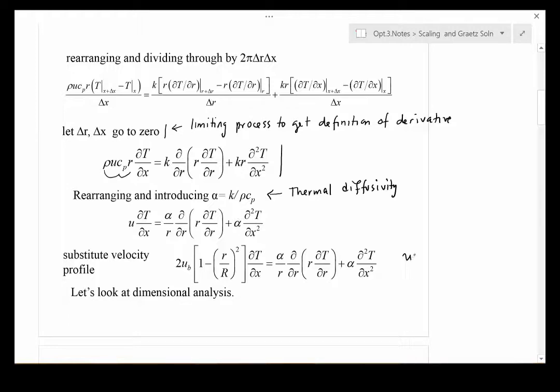It's important to note that we can substitute our velocity distribution in because it's fully developed. So this is the general differential equation that one would solve to understand what the temperature profile is.